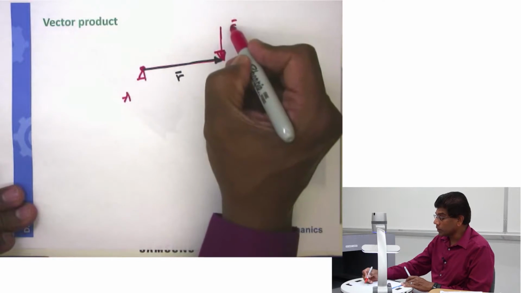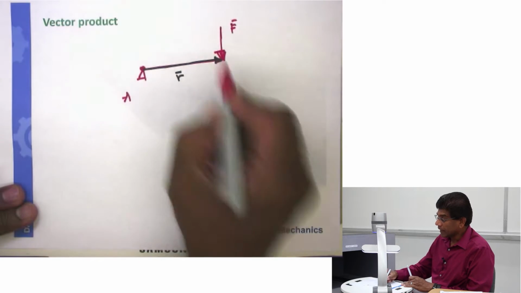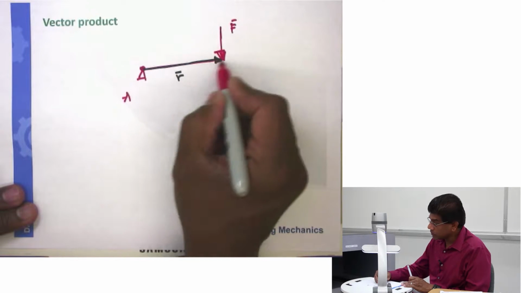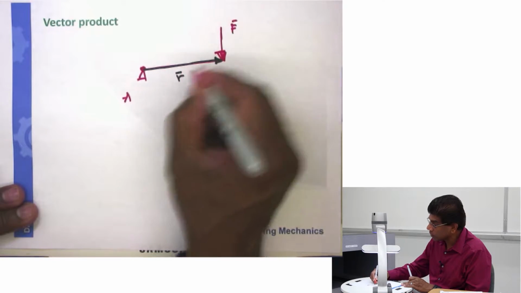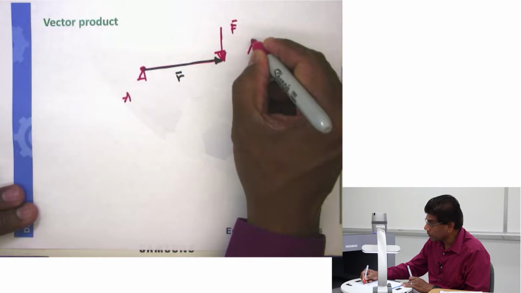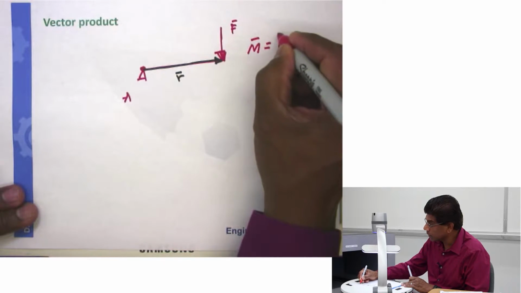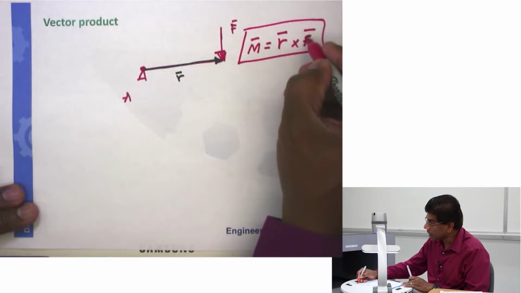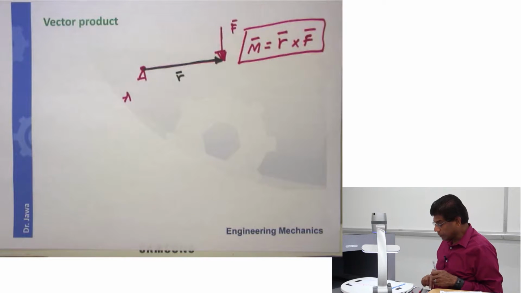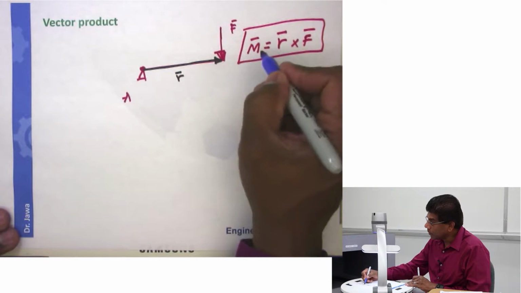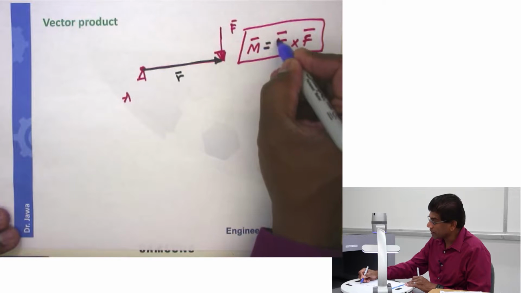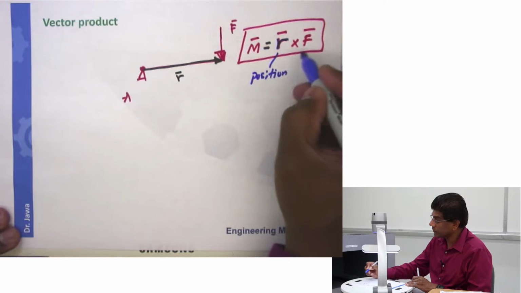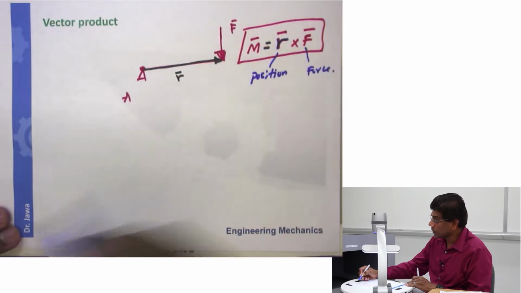So if I want to use the vector algebra, instead of using just perpendicular distance, I'm going to cross these two vectors. And remember, moment vector is going to be equal to R cross F. So from now onwards, I want you to remember, when we apply vector algebra, moment vector is a cross product of R, which is a position vector, and that's your force vector.